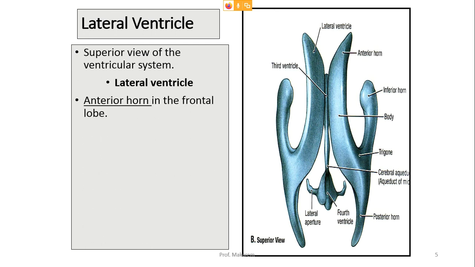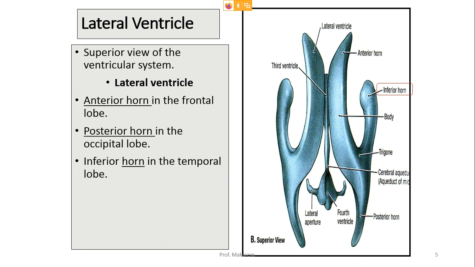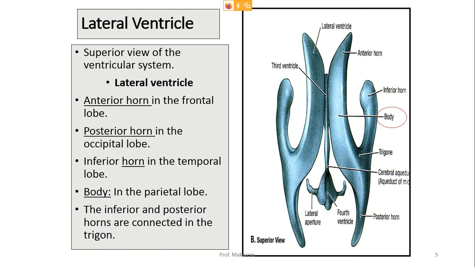We can identify the lateral ventricle, with the anterior horns in the frontal lobe, the posterior horn in the occipital lobe, the inferior horn in the temporal lobe, and the body in the parietal lobe. The inferior and posterior horns are connected in the trigone. This is the part called the trigone.